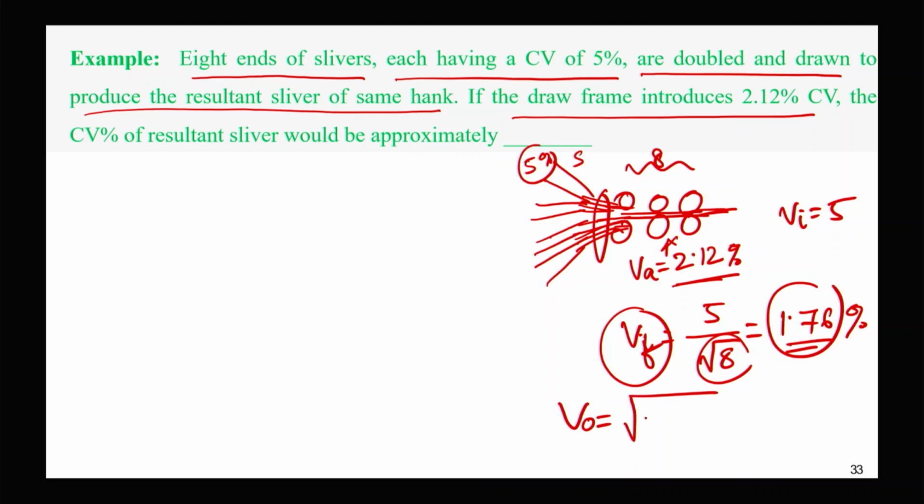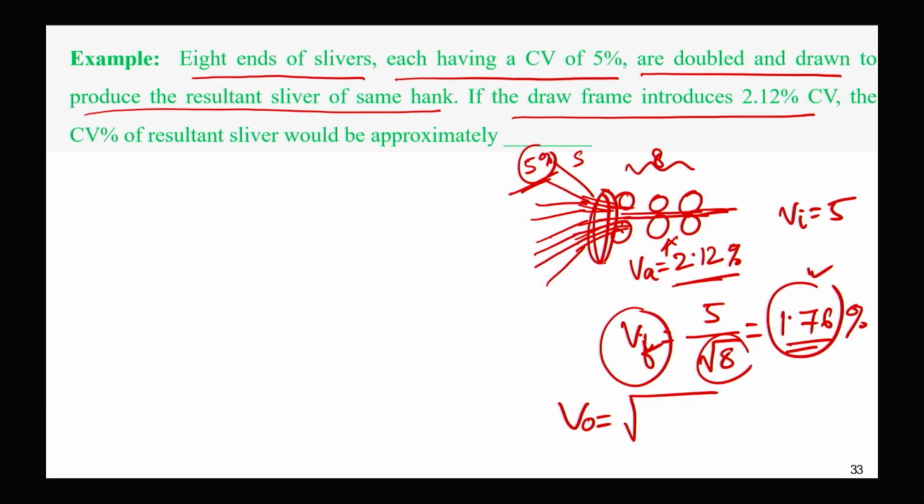One thing we should be careful about: in the feed material we should not take 5 as the feed CV. We have to take the CV of the doubled mass.